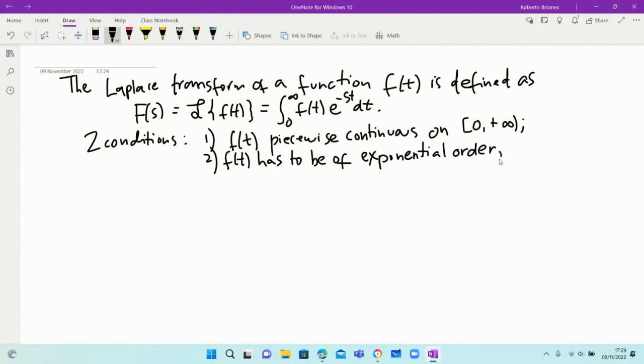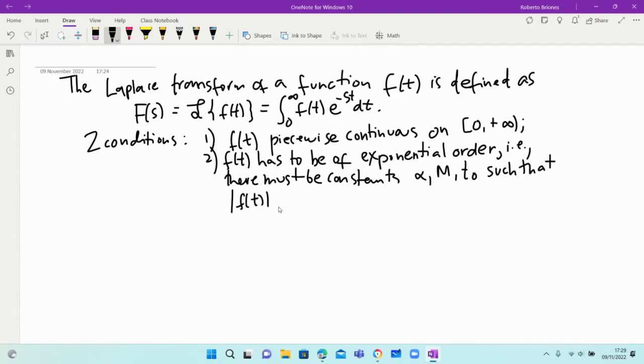By this, I mean there must be constants alpha, capital M, and a particular t value, t sub 0, such that the modulus of f of t must be less than or equal to M times e raised to the alpha times t, for all t greater than or equal to t sub 0.